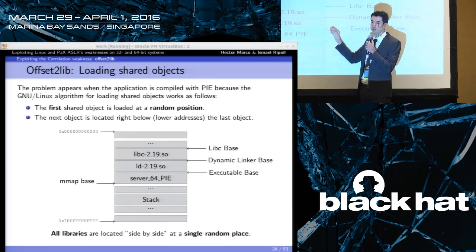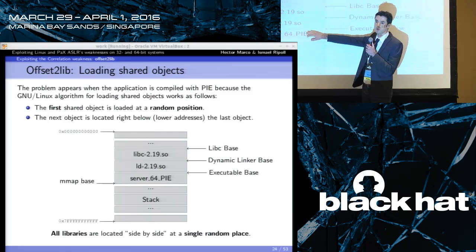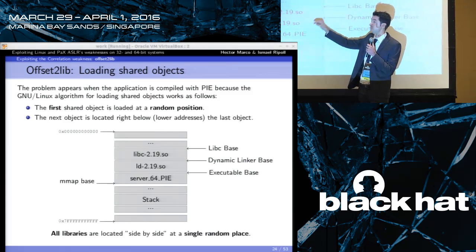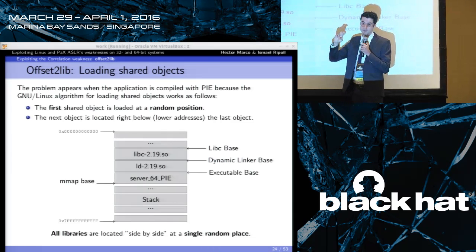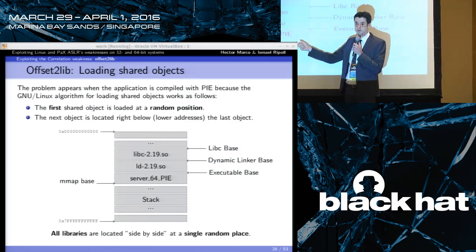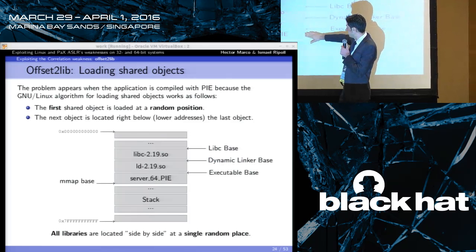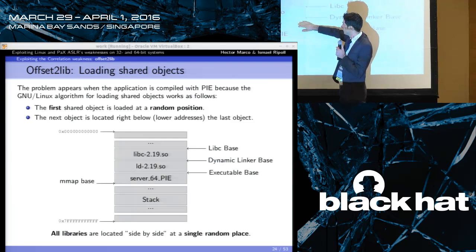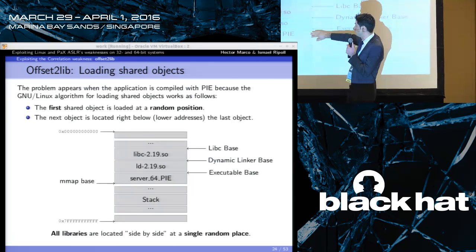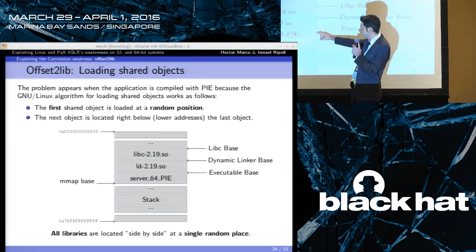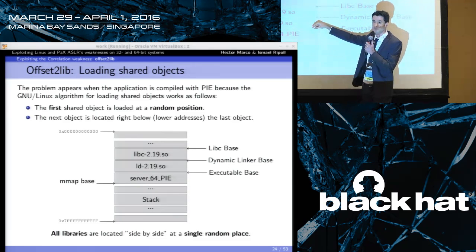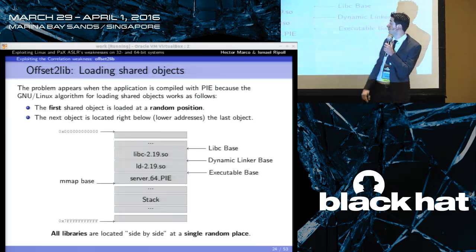The other ones are loaded side by side to the first object, to the first library. Since the executable is PIE compiled, the first shared object is the executable, which means that the executable is together with the libraries. So if we are able to leak an address belonging to the executable, then we can directly, without any effort, obtain the addresses where the libraries are mapped in memory.